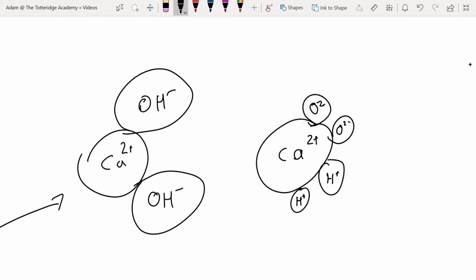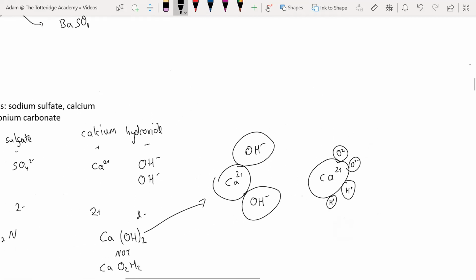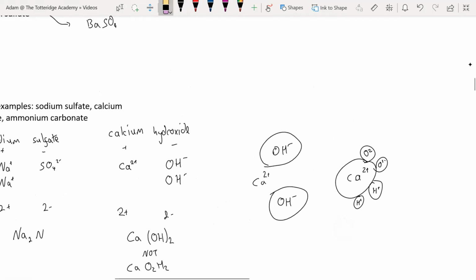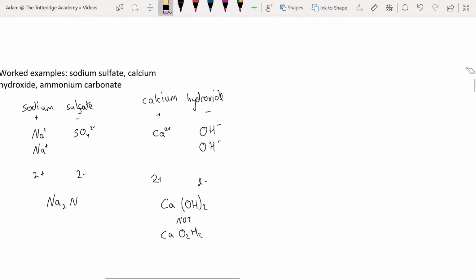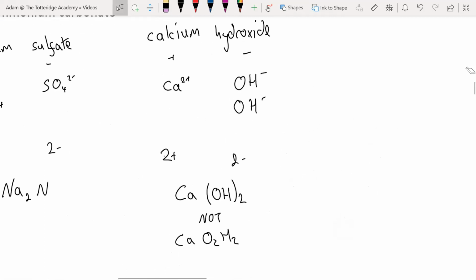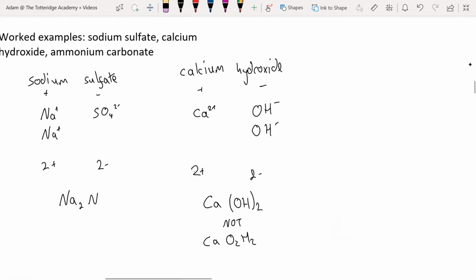The idea is that this OH is bonded, and this OH is bonded, and then they two are bonded to the central positive ion. I'm not going to go into much more detail on that because you don't really need to know. All you need to know is that the key thing is to add brackets and not to just fiddle around with those little numbers and do it like that.